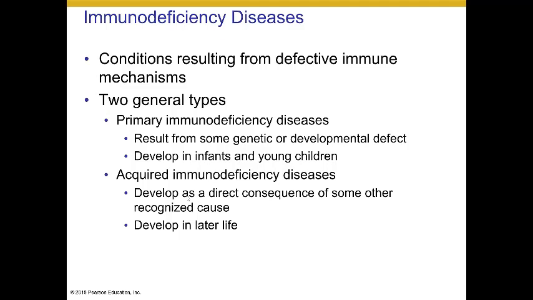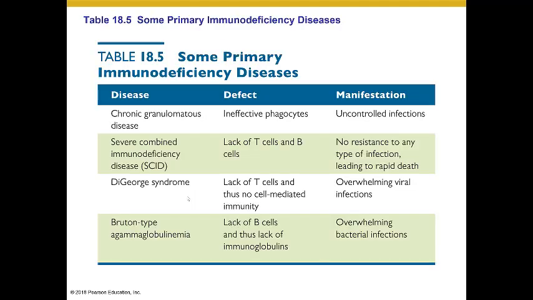The big one is the acquired immunodeficiency diseases, which you develop later in life. Usually there's some cause to it. There's a reason for that immunodeficiency disease. And honestly, the only example they give you in the book is HIV and AIDS. So we're going to spend most of our time talking about that.